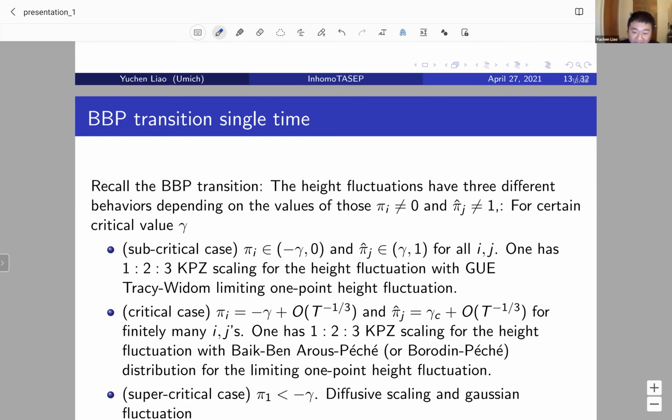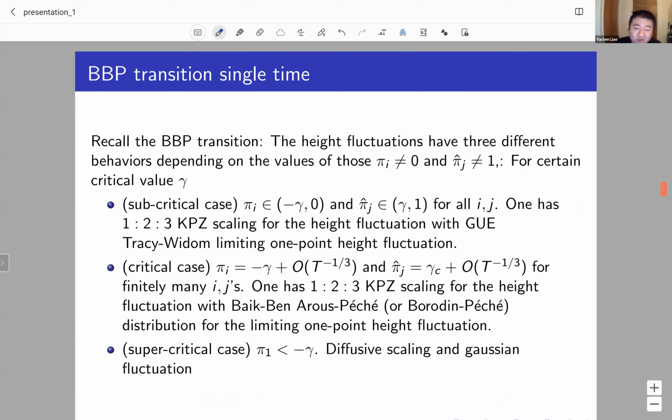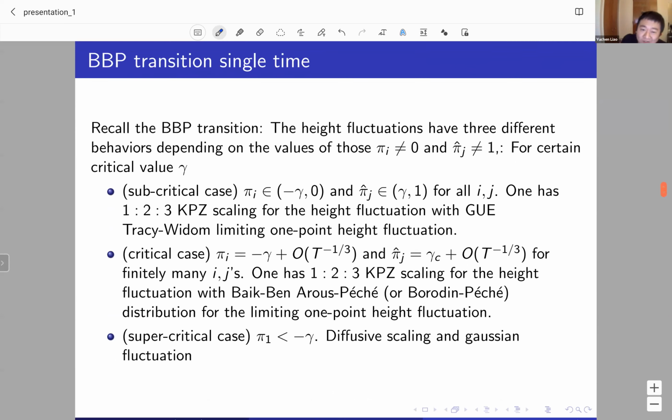That's the subcritical case, when basically your pi_i is close to 0 and your pi_j hat is close to 1. Then everything behaves the same as the homogeneous version, which is already obtained in the work of Liao for the multi-time case. For the single time, the fluctuation is known to be the GUE Tracy-Widom law.